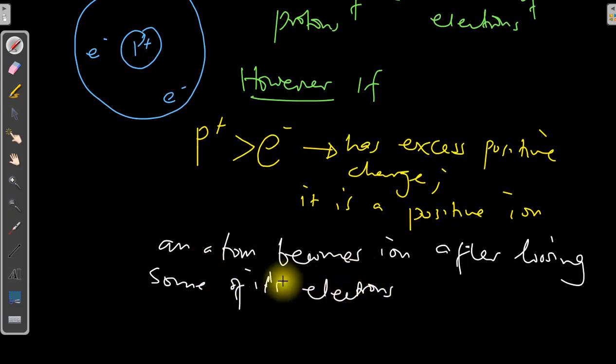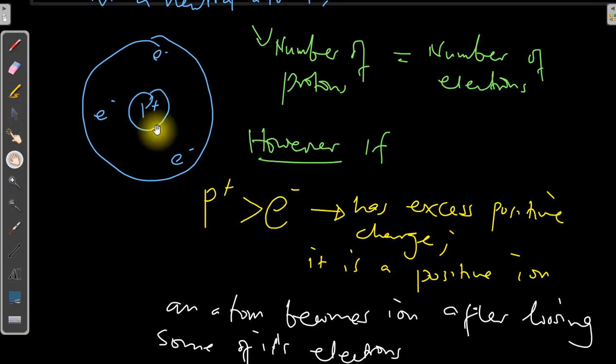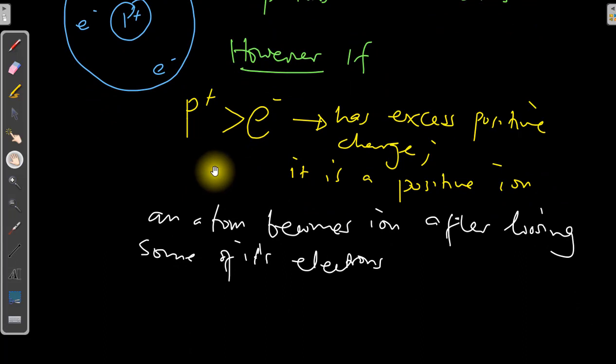If it loses some of its electrons, then the number of protons inside the nucleus will remain unaffected, so it does not counterbalance the now few remaining electrons. That makes the net charge on the atom to be positive, and so we call that a positive ion.